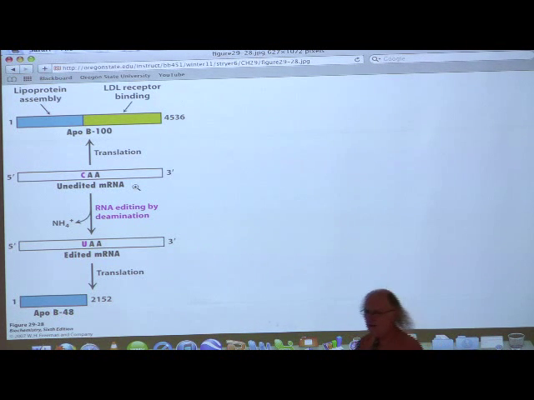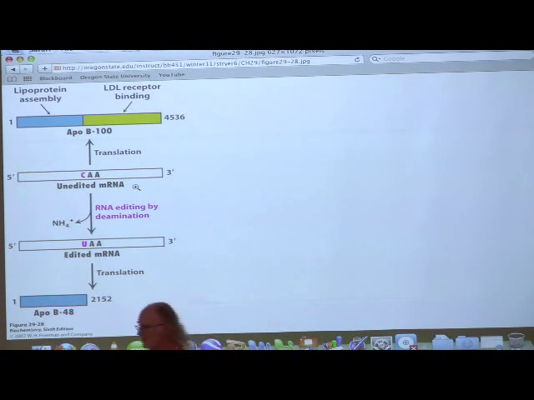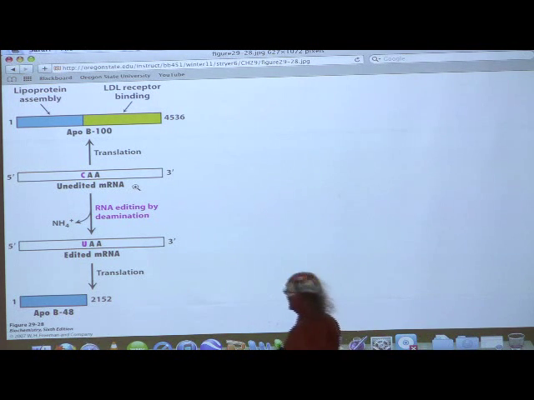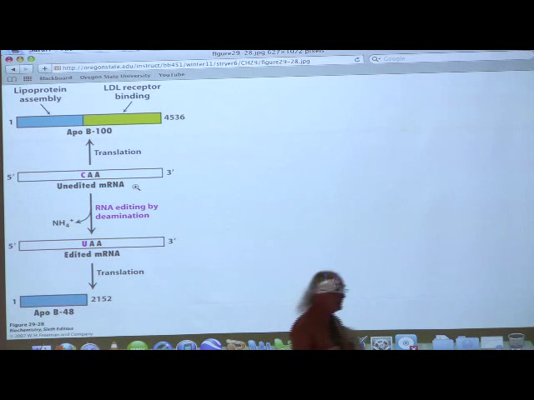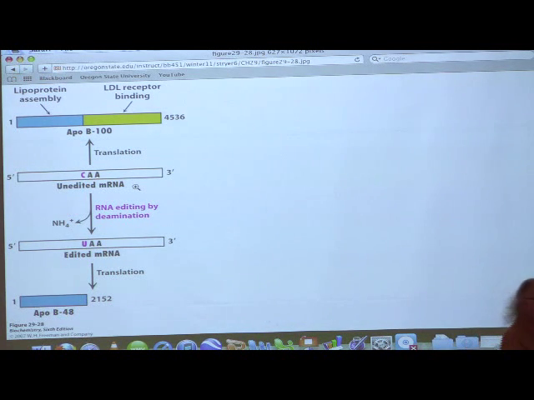If you remember, we talked about lipoprotein complexes and how they played a role in carrying fat and cholesterol across cells. It turns out that there is one that serves a dual purpose. In intestinal mucosa, the enzyme makes this modification: a CAA is converted to a UAA, that is, a C is converted to a U. A UAA, as we will see, is a stop codon, meaning that when the ribosome hits this, it stops translating.